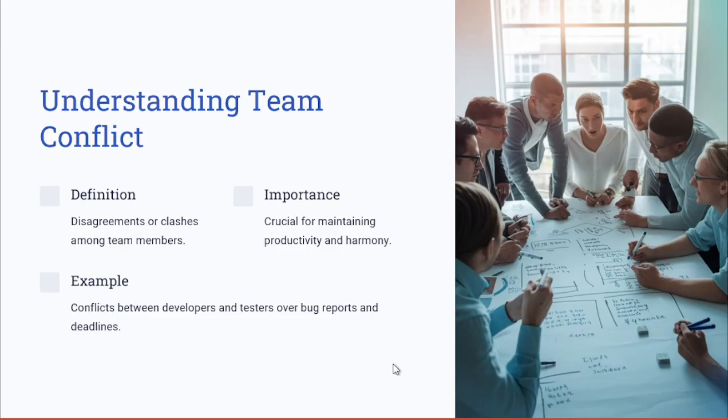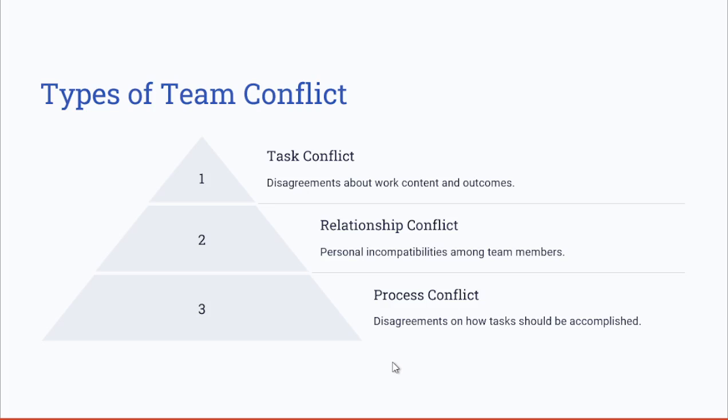The importance of having effective team conflict resolution strategies: managing conflict is crucial for maintaining a productive and harmonious work environment. Here are the types of team conflicts. You have task conflict.